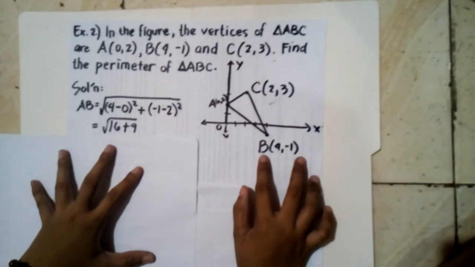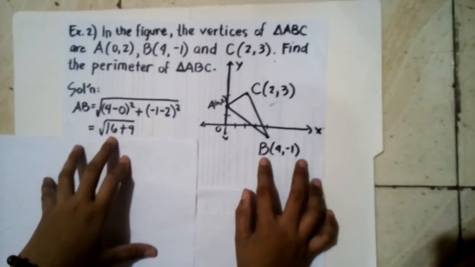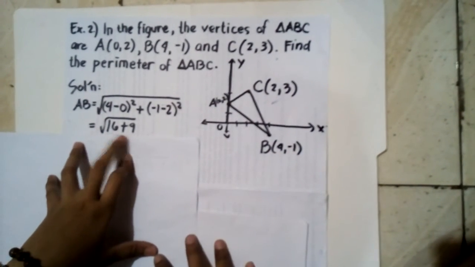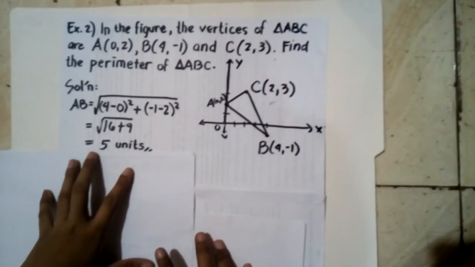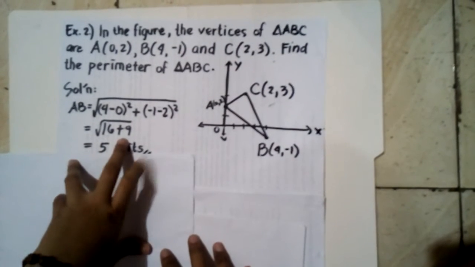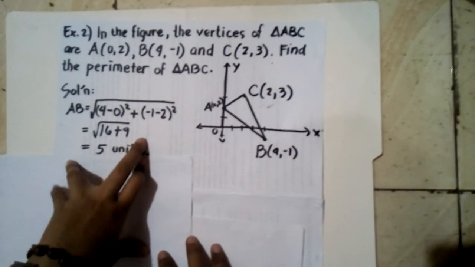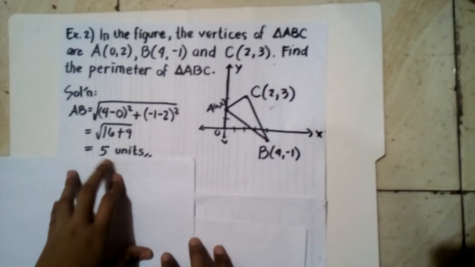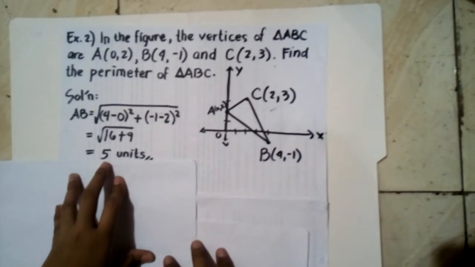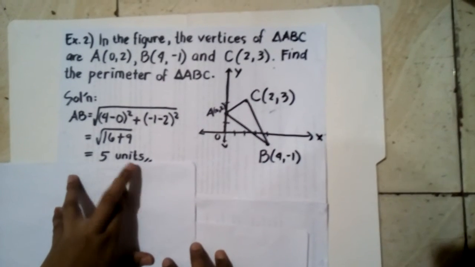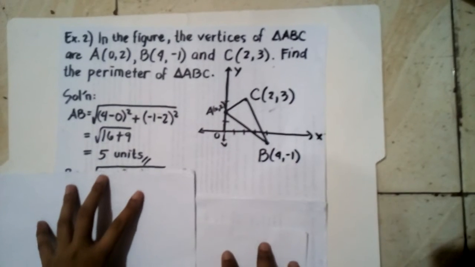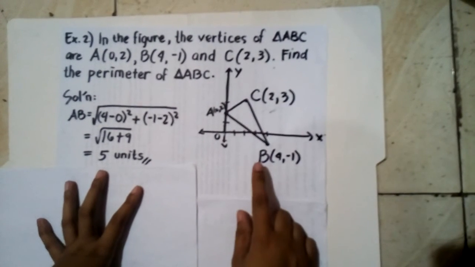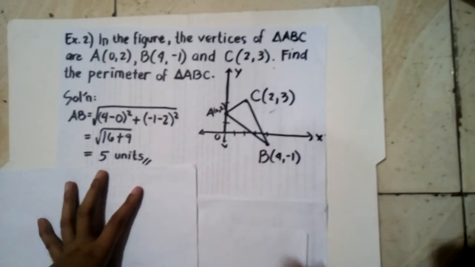And we have a result of the square root of 16 plus 9. The square root of 16 plus 9 is 5 because 16 plus 9 is 25, and the square root of 25 is 5. And we put units again. So AB is equal to 5 units. And let's also have the side BC.